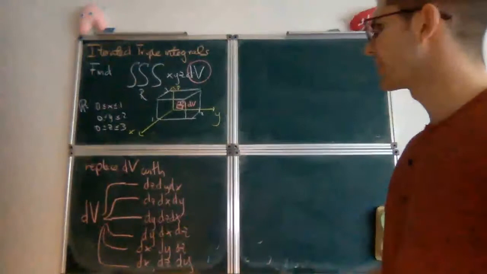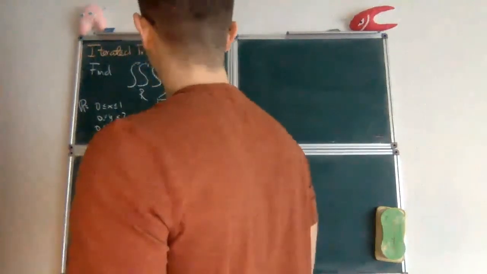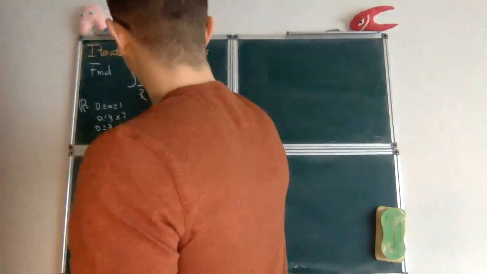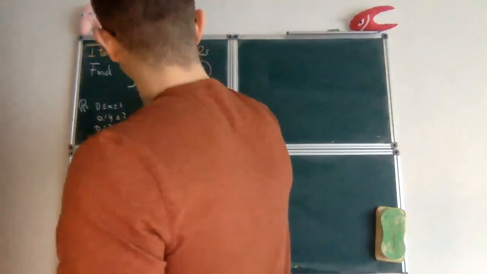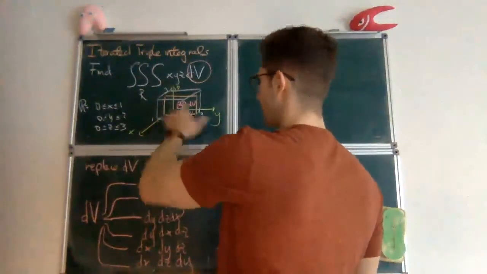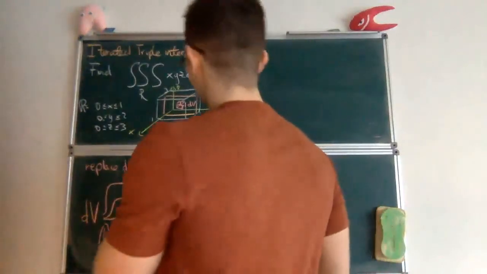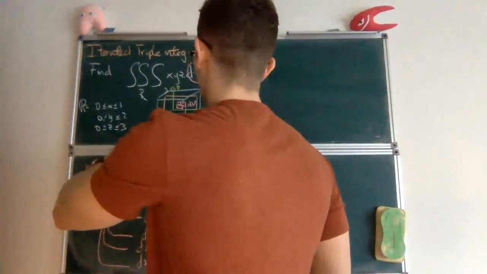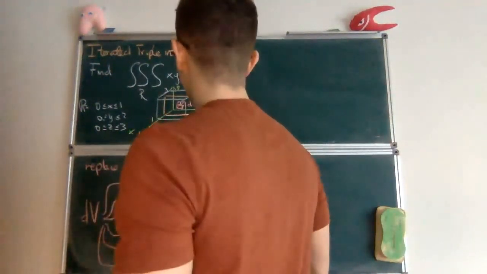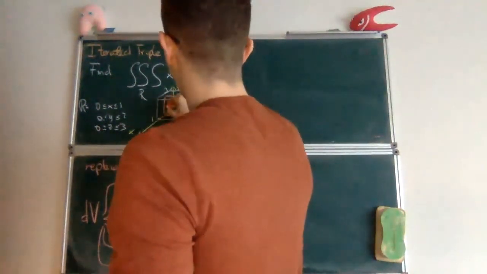Just to illustrate why there are so many different choices, you could slice up first by fixing a value of x. Okay? And then when you fix the value of x, later you have 2 more choices. You're going to let the value of x vary, but then z can change here, and y can change.